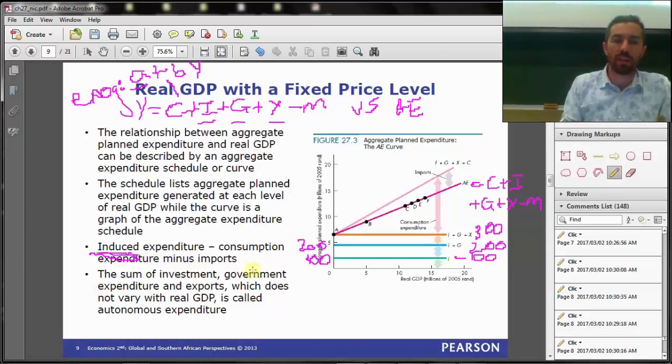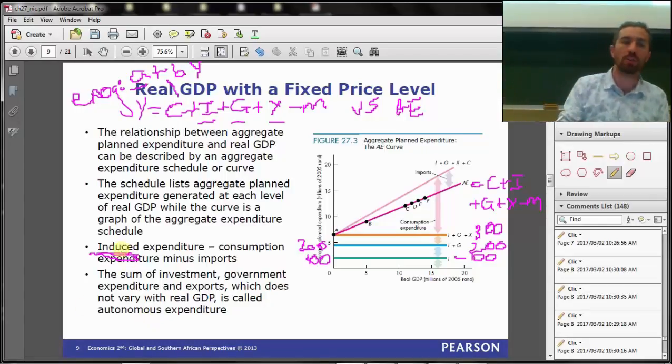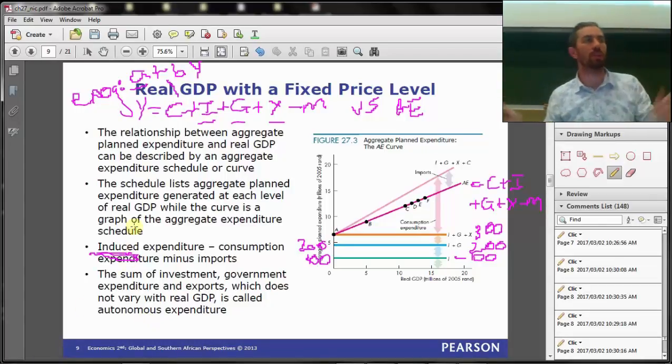Right, so the sum of investment, government spending, exports, those are the things that do not vary with GDP. They are exogenous variables, and we also refer to those variables as autonomous. Okay? Exogenous variables are autonomous. Those are two different terms for the same thing. Induced variables are endogenous. Again, two different terms for the same thing.